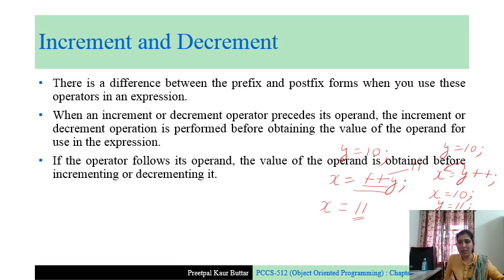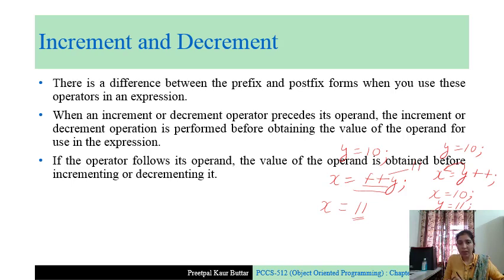What does this line mean? For example, the value of y is initially 10. Then you are using the prefix, the increment operator precedes its operand. You are using pre-increment y. Then what will happen?